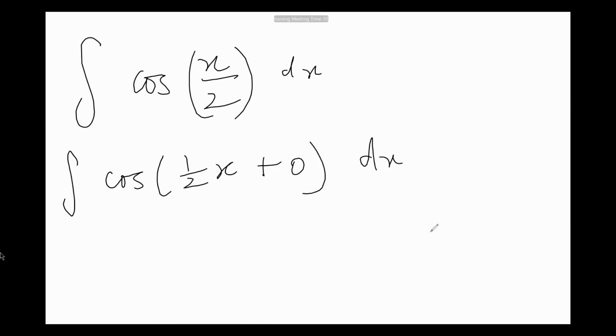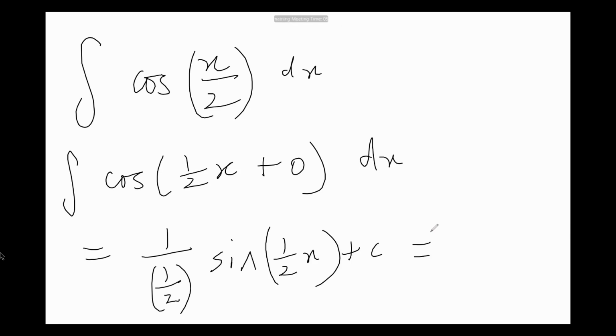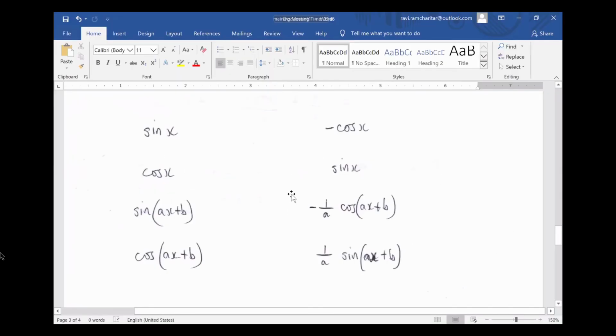Really, b is 0 and a is a half. But you don't have to write this like this to use the formula. So it's 1 over a, which is a half, sine of (ax plus b). So this is going to be 2 sine of half x, or x on 2, plus c. That's your answer. And then that's all for integration.